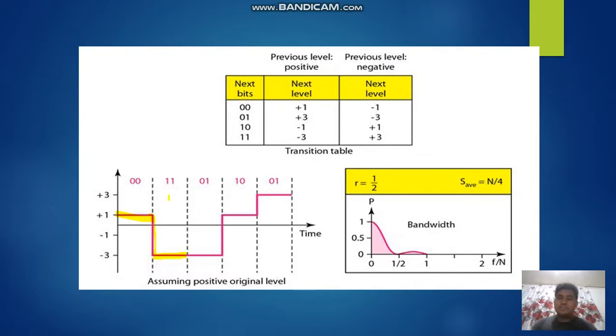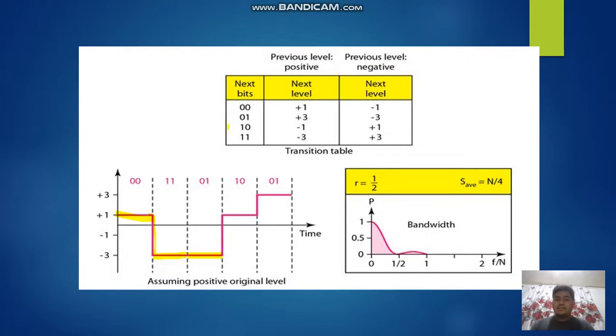Because the previous level is negative, we find the next value in this other table. Next is 01, and with the previous level negative, we have negative 3. So it will continue in this part.